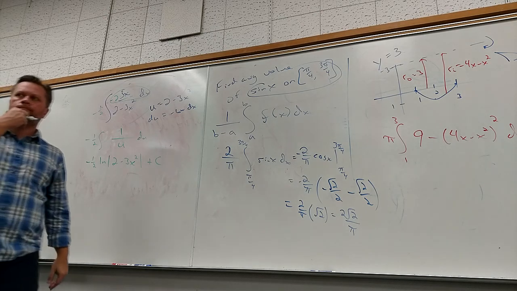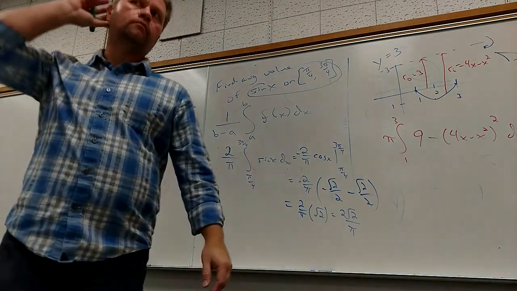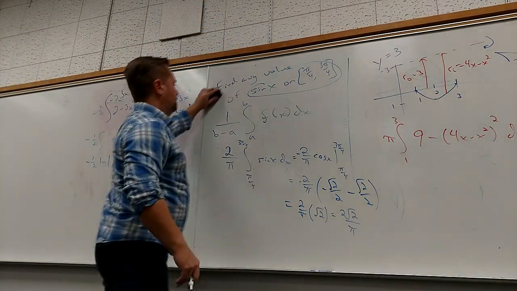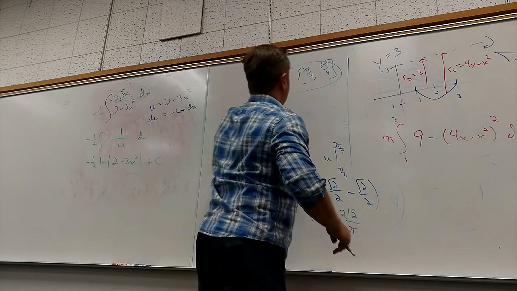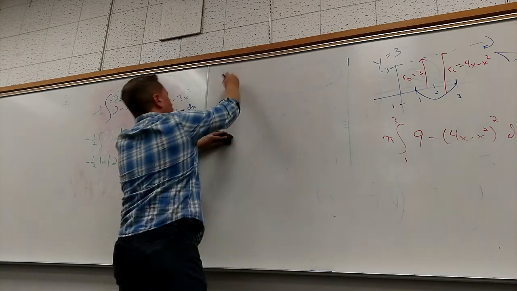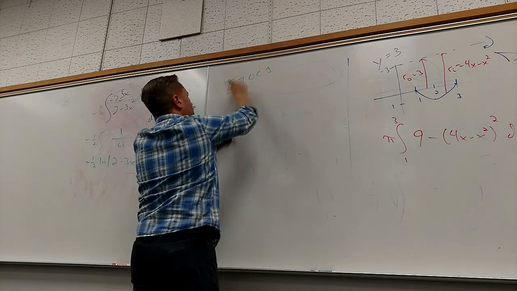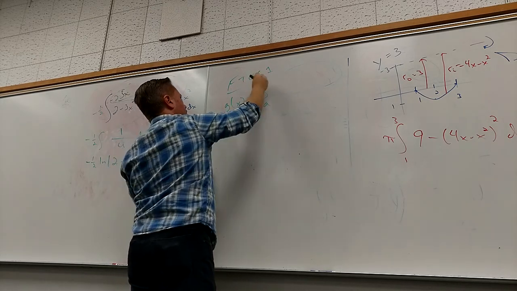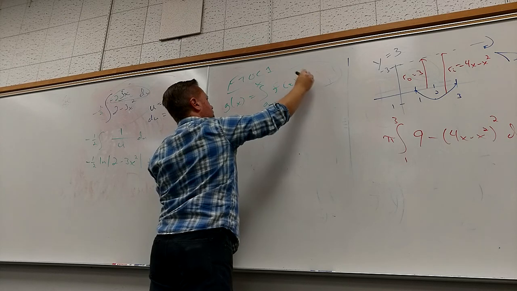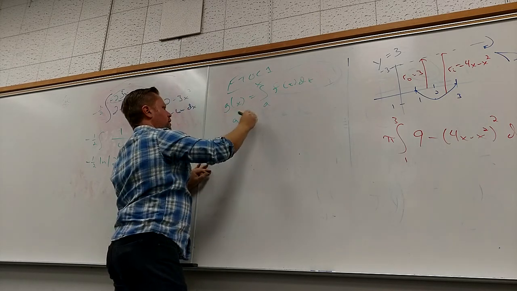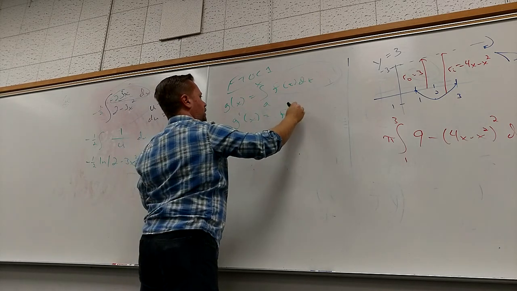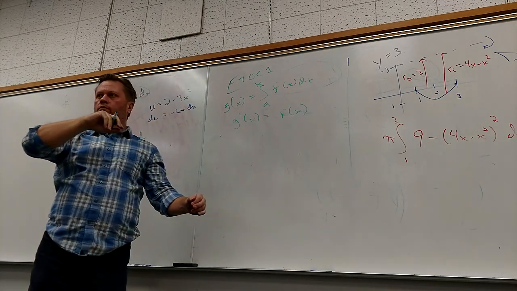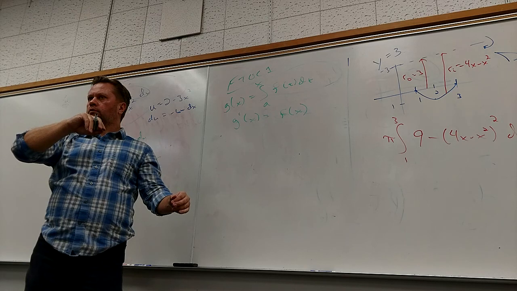What exactly are the two fundamental theorems of calculus? Okay. So FTC 1 is that if g of x equals the integral a to x f of t dt, then g prime equals f of x. That's the one we just did earlier.